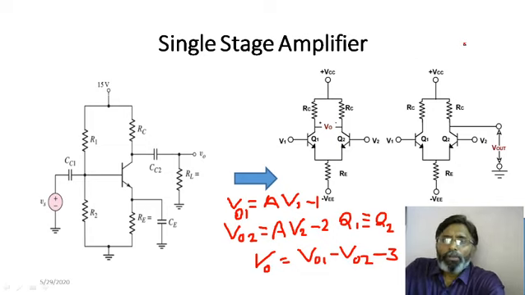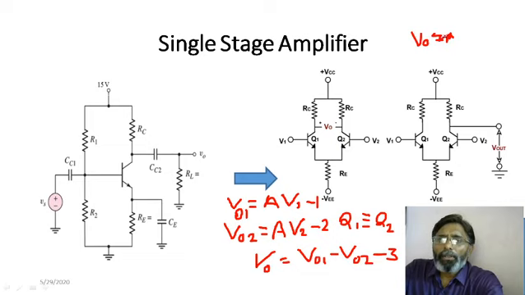So, if you put these values into this, then what I will get is VO is equal to A into VO1 minus A into VO2.